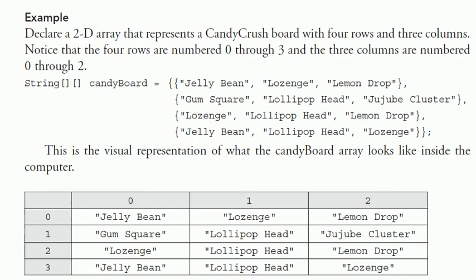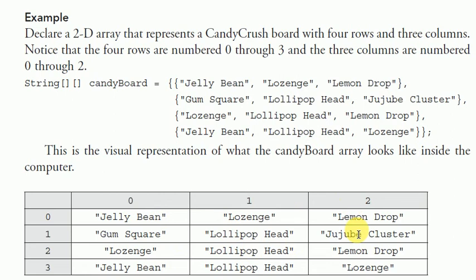In this example, we have created a string two-dimensional array candy board, and it has 1, 2, 3 columns in one row, and then 3 in the second, 3 in the third, and 3 in the fourth row. So you can see this 2D array will look like this. It will have 1, 2, 3, 4 rows and 1, 2, 3 columns.